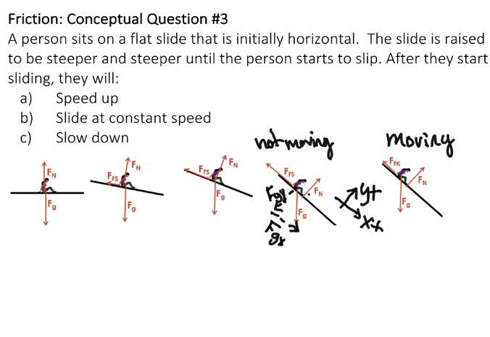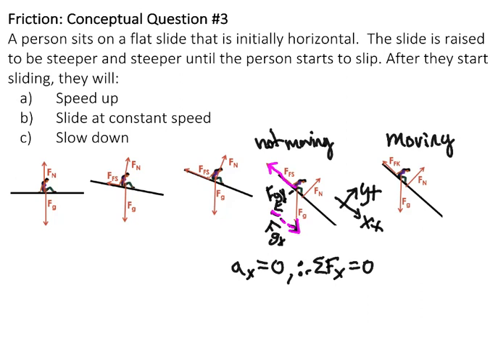Now, if at this moment she's not moving at all, that means her acceleration is 0. So a_x is 0, so that would mean that the net force in x has to be 0 as well. There's only two x direction forces here, right? There's this friction force, that static friction force, and then there's the component of gravity that's pulling her down the hill.